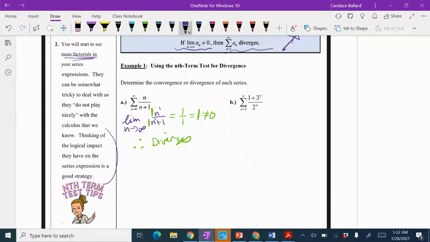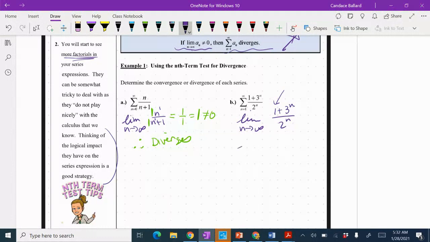All right, in this next one here, we have the limit as n approaches infinity of 3 to the n over 2 to the n. I would probably think about L'Hopital's rule, maybe not even that. When I'm putting infinity in, that 1 really is not going to matter.